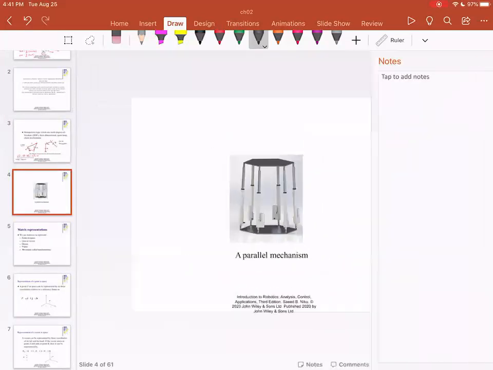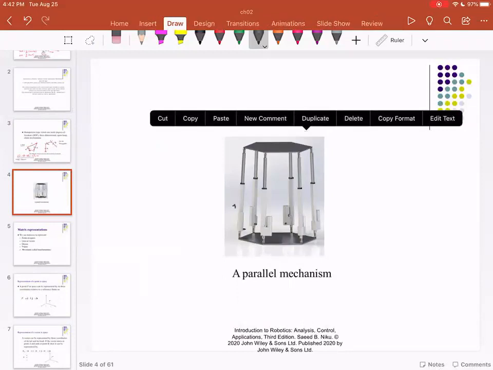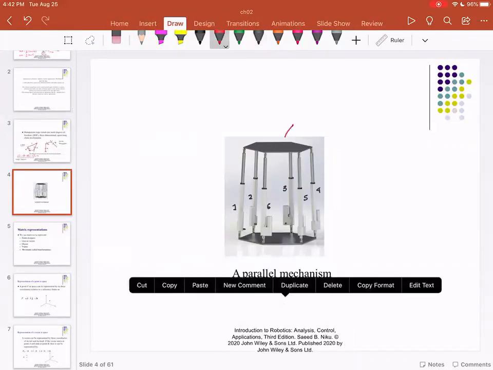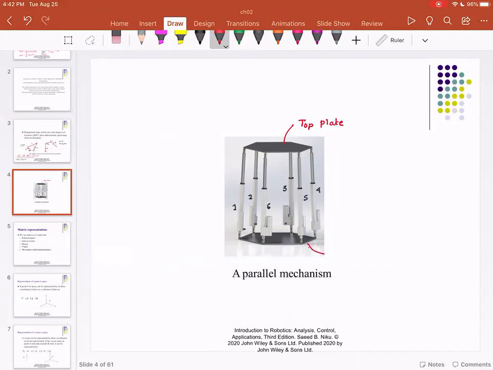What you see here is you have this link, link number 1, you have this link, link number 2, you have 3, 4, 5, and 6, and these links attach the top plate to the ground plate or the bottom plate. So this is the reason why this is called the parallel manipulator or parallel mechanism.